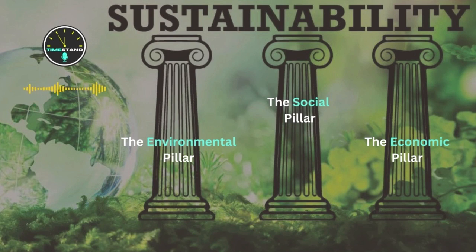The environmental pillar often gets the most attention. Many companies are focused on reducing their carbon footprints, packaging waste, water usage, and other damage to the environment. Besides helping the planet, these practices can have a positive financial impact.